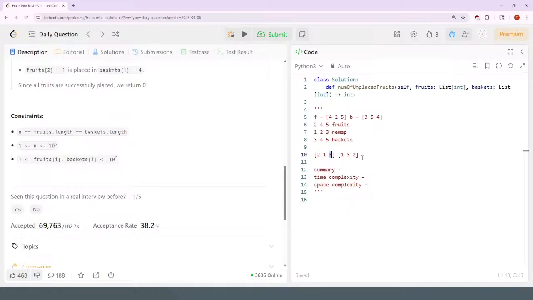Okay, so what logically applies here? If you deal with the highest fruit, let's say the biggest fruit was like 100, that means that it needs to go to a basket that's that high or more.